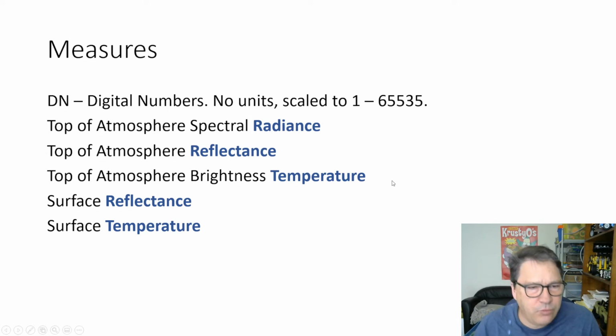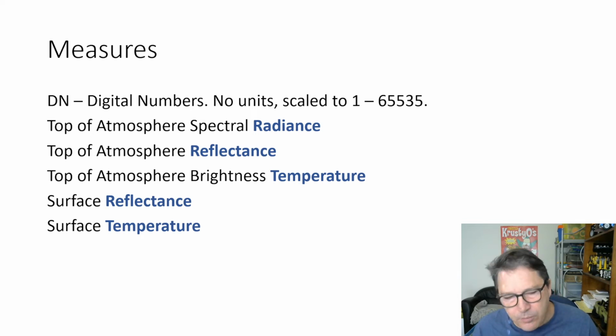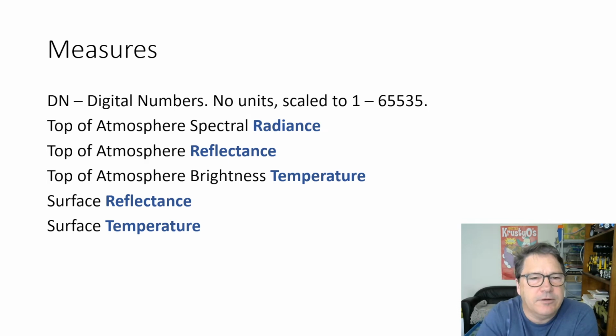So this doesn't correct for the atmosphere. The atmosphere is still in the radiance and reflectance data. For example, in your blue channel, you'll probably get more blue light from the atmosphere than you'll get reflected from the ground. But this is the first level of processing, to go from digital numbers to these top of atmosphere measures.